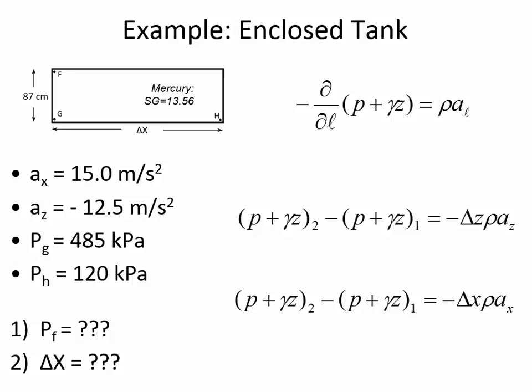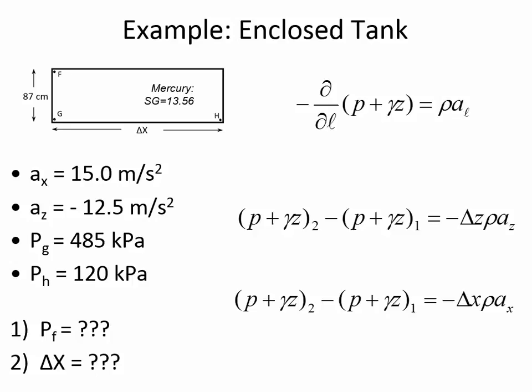And it's a tank of mercury, which is going to mean that the pressure changes a lot because it's such a dense fluid. And you should work it one location at a time.